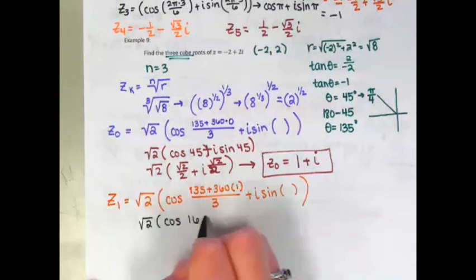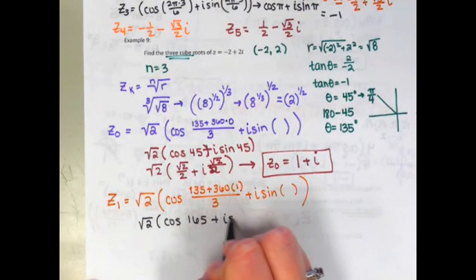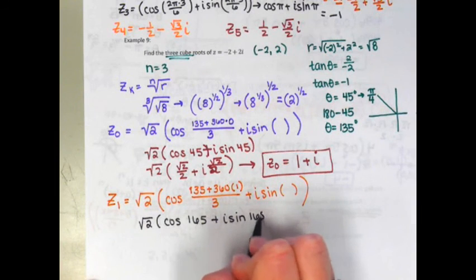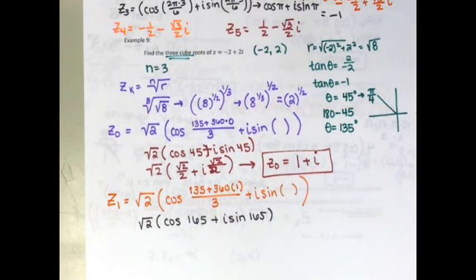You guys get 165. Now, is 165 a special right triangle? If I take 180 minus 165, what am I? 15 degrees. Is that a special right?